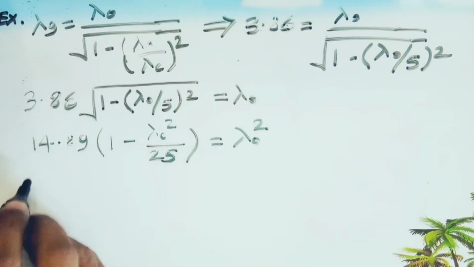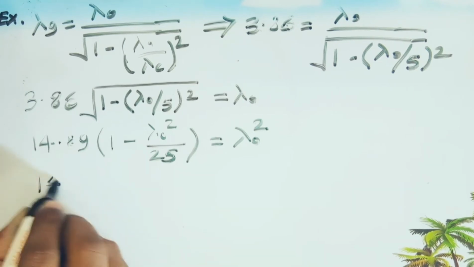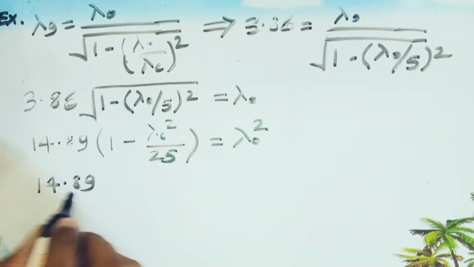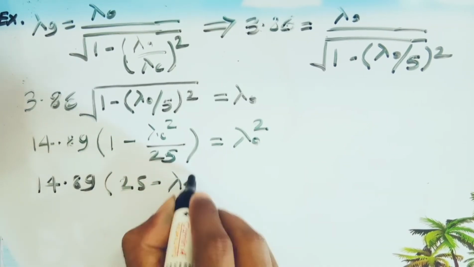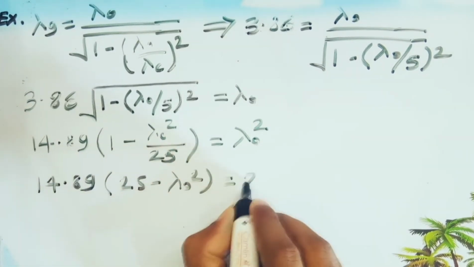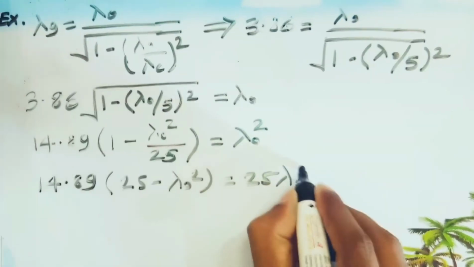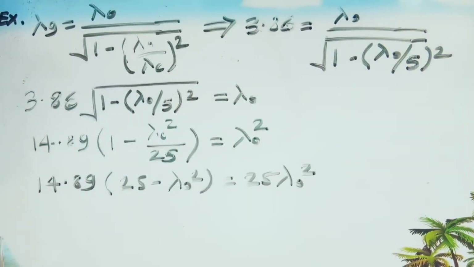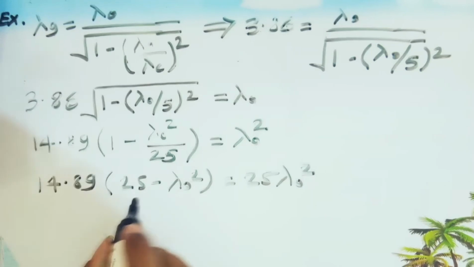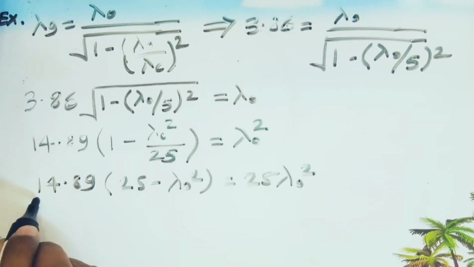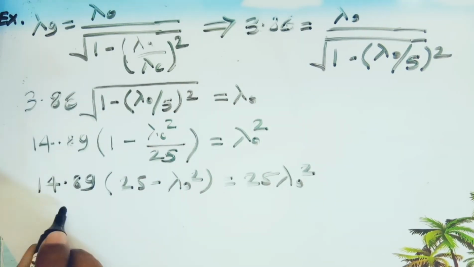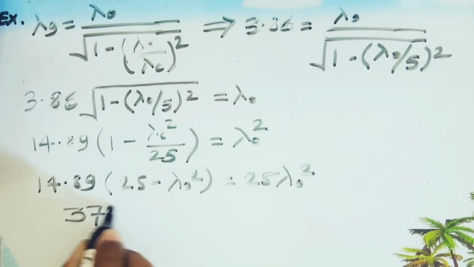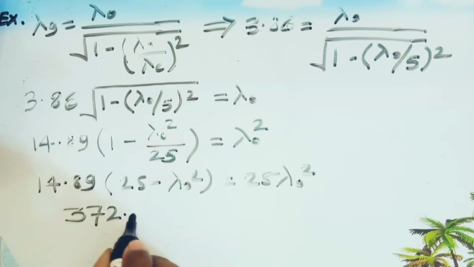So this becomes 14.89 into (25 minus lambda 0 square) equals 25 lambda 0 square. Okay, now here we are going to multiply this term and take this term to this particular side, so this becomes 372.25.